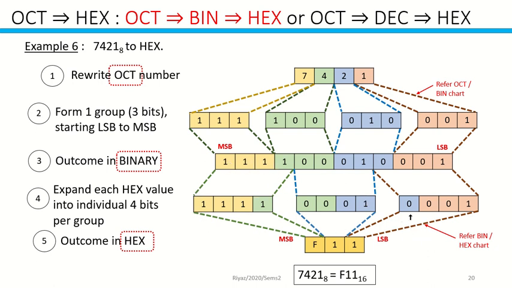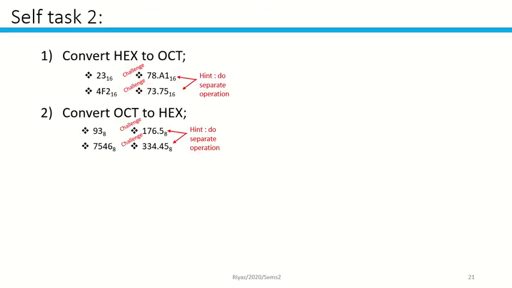So from there, you need to convert to your hexa numbers. 0001 becomes 1, 0001 becomes 1, and 1111 becomes F. So on your right side is LSB, you start with LSB, and on your left side will be your MSB. So 7421 in octa is equal to F11 in hexa.